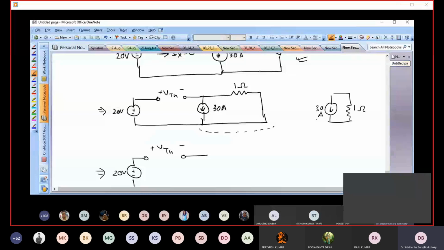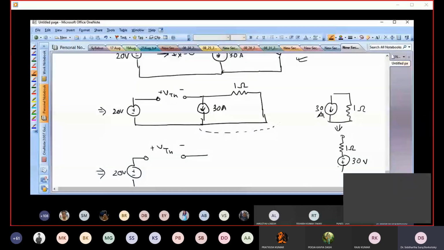So what you could do is use source transformation. Source transformation says that this thing is equivalent to the same resistor in series with a 30 volt source. Why 30 volts? Because 30 amperes times 1 ohm is 30 volts. So these two are equivalent.